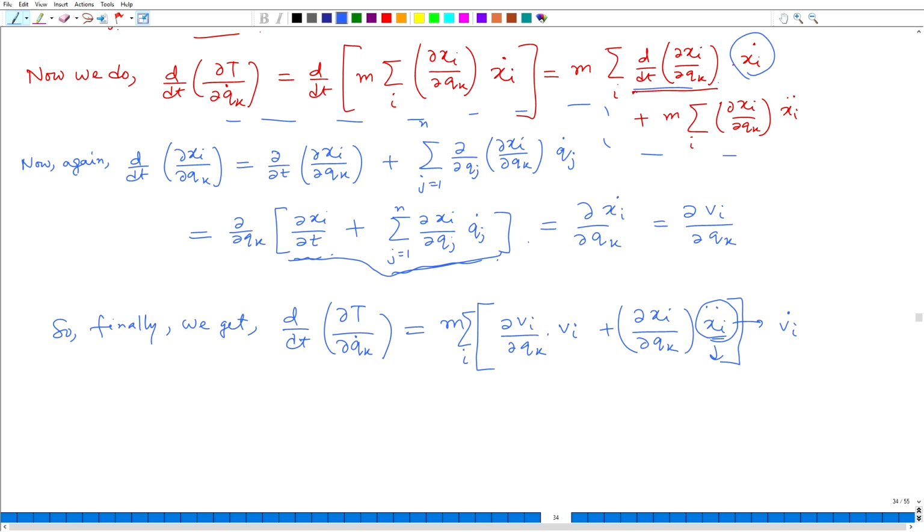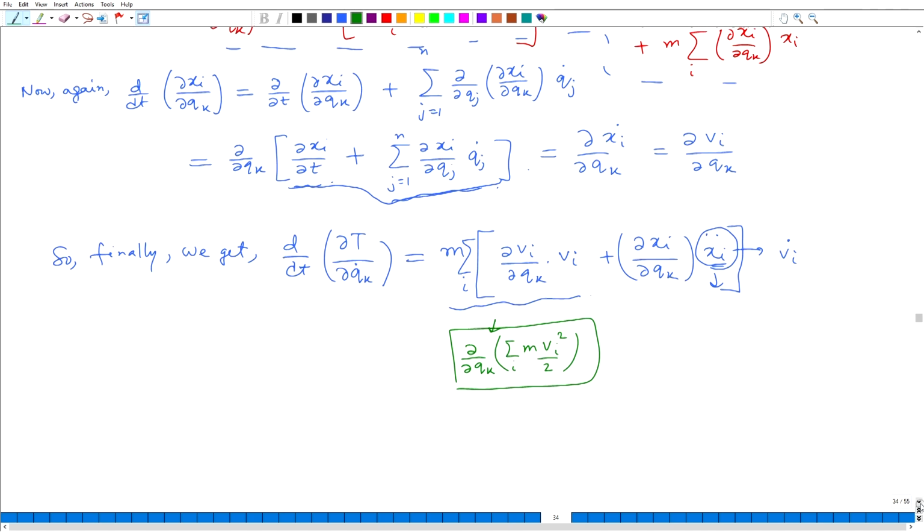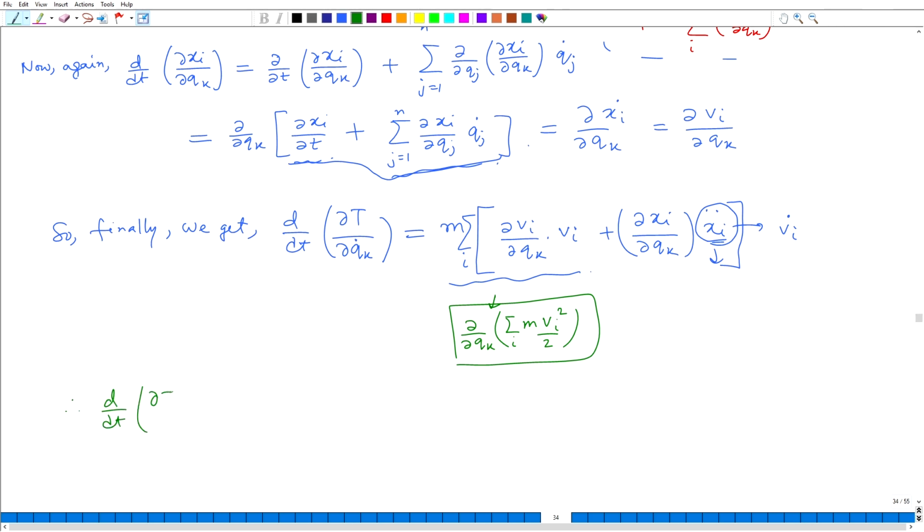Now I will do something very interesting: I can recognize this as ∂/∂q_k of summation over i of m v_i²/2, which is nothing but ∂T/∂q_k. So, d/dt of ∂T/∂q̇_k minus ∂T/∂q_k is equal to m summation over i ∂x_i/∂q_k v̇_i.